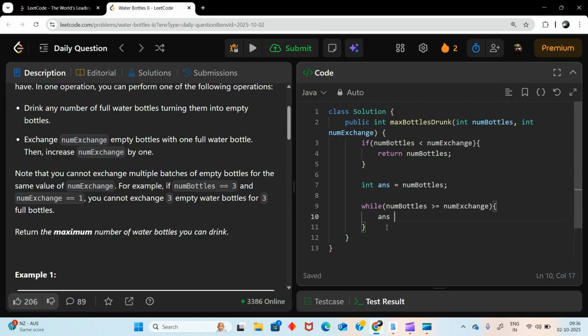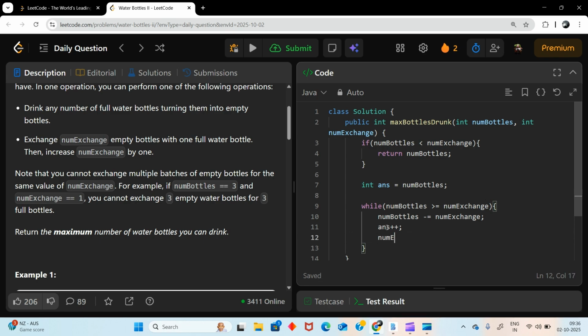So here we will do answer plus plus, or you can do it at the end. First, from the number of bottles you can exchange only one, minus equal to num exchange. Now you got one bottle, so I will add answer plus plus.